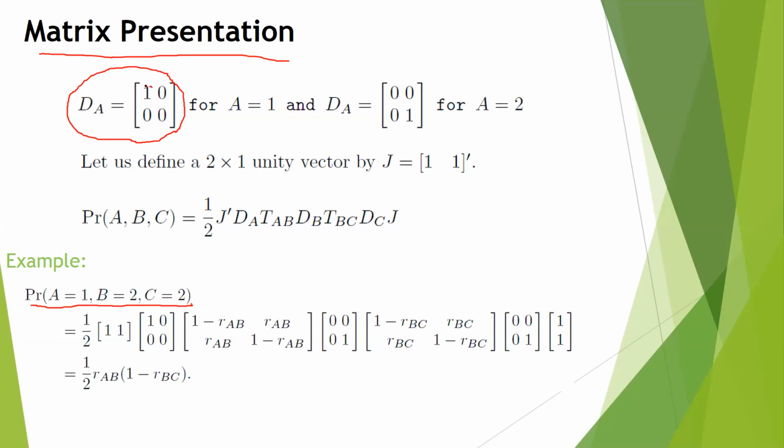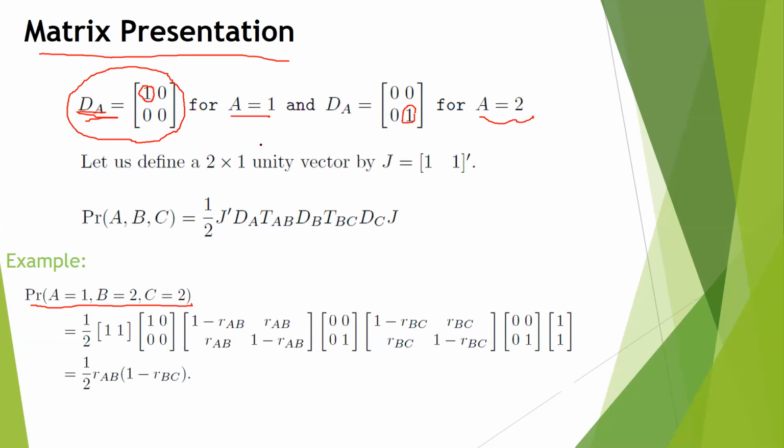If we put 1 in the first entry of the diagonal, then this represents A equals 1. That's the way we use matrix notation to represent the genotype of 1 for A. Similarly, if we want to represent the genotype of 2, we use the second diagonal entry. So this is for locus A.